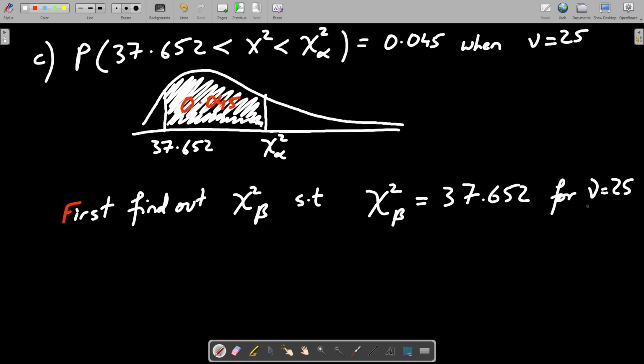So we are given 25 degrees of freedom. In that row we'll see which beta value has this.